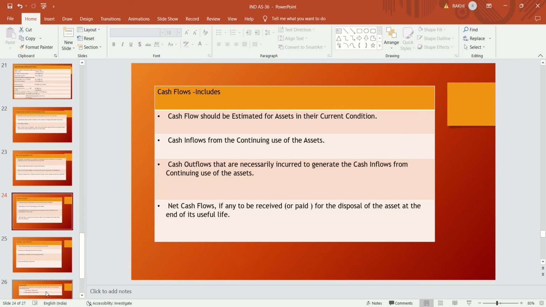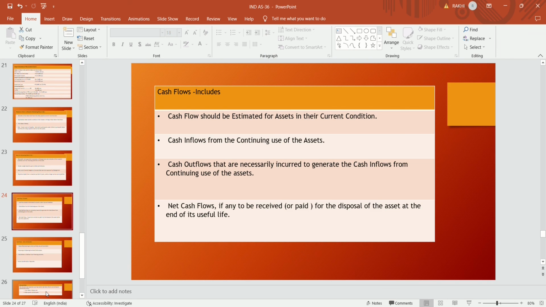We will take the asset in its current condition, not the condition when the asset was purchased. So whatever the condition of the asset after 4 years, we will take that into consideration while determining the future cash flow from that asset.